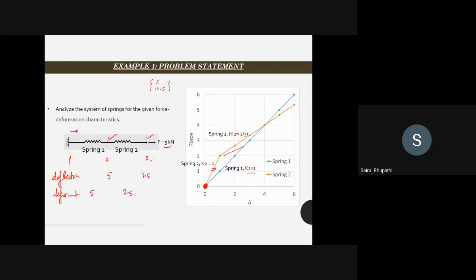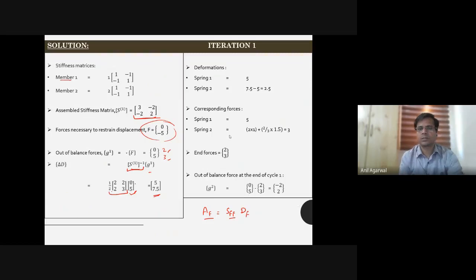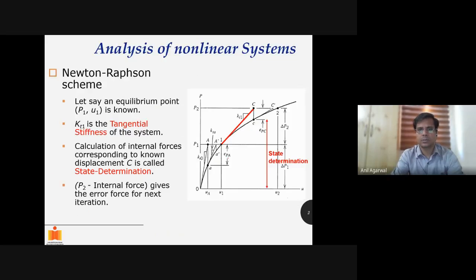So the internal forces will be 5 here, and something here, right? So we have to do this calculation, which turns out to be 3. The force in the first spring is 5. In the second spring, it is 3 actually. Sorry, did I make a mistake here?